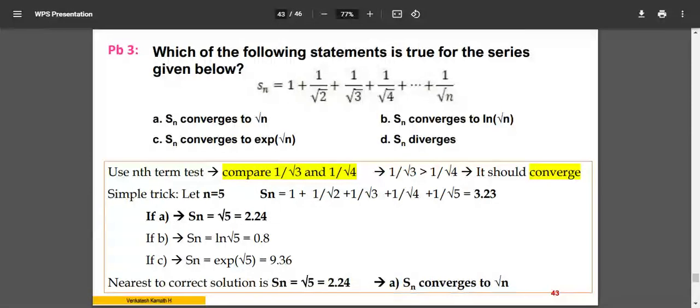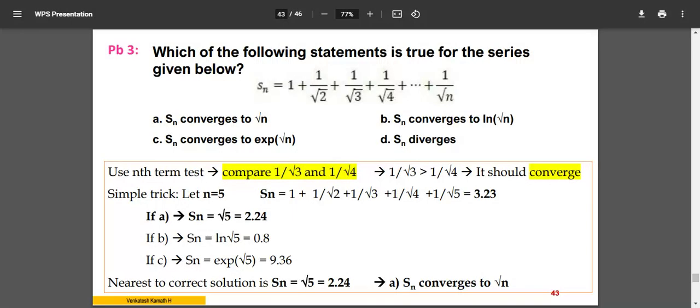Option B, Sn should have converged to ln of root n, which is ln of root 5. The answer for that should have been 0.8. Option C, it should have converged to exponential of root n, that is exponential of root 5, with n equal to 5. That would have been 9.36. Which value is very close to our calculated value of Sn, which is 3.23?